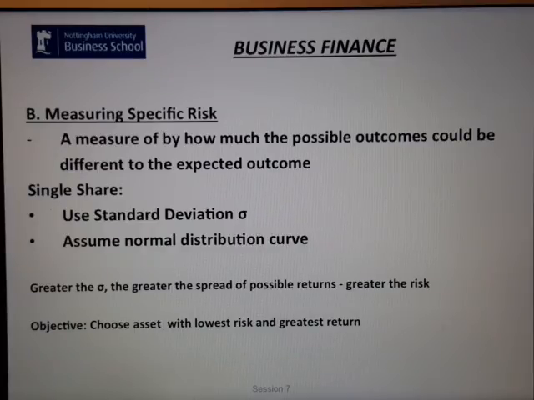It shows volatility. That means high standard deviation will be risky. And as I mentioned here in the slide, the sigma symbol represents standard deviation. The greater the sigma symbol is, the greater the standard deviation, the greater the spread of possible returns, the greater the risk.